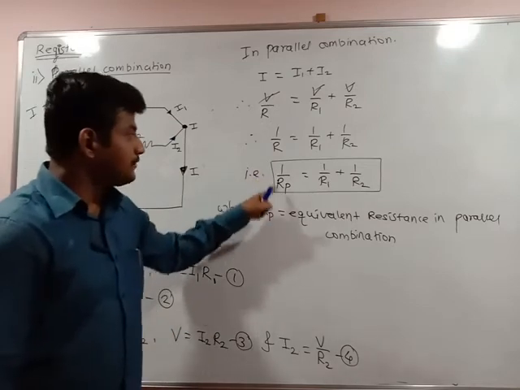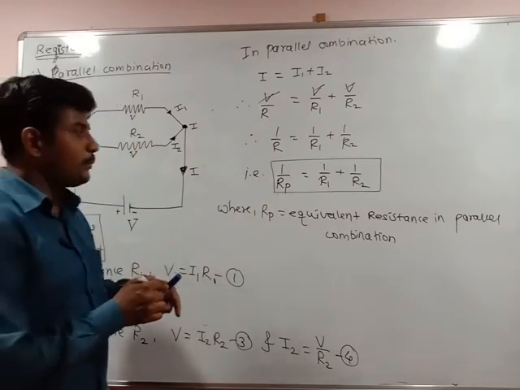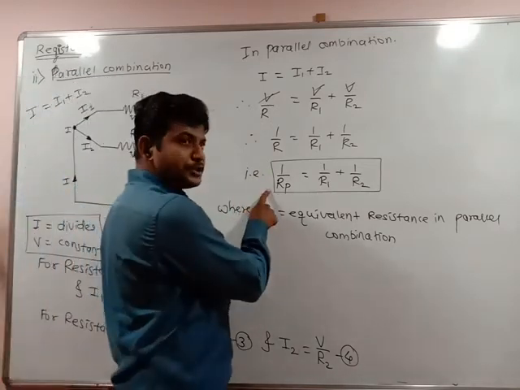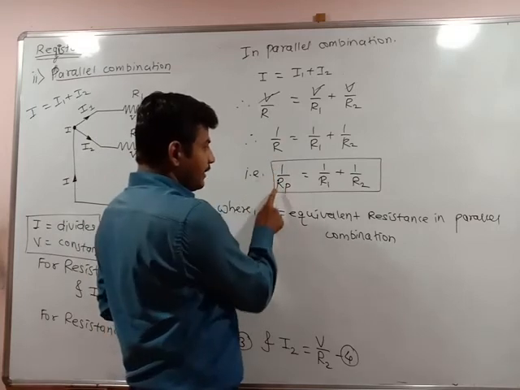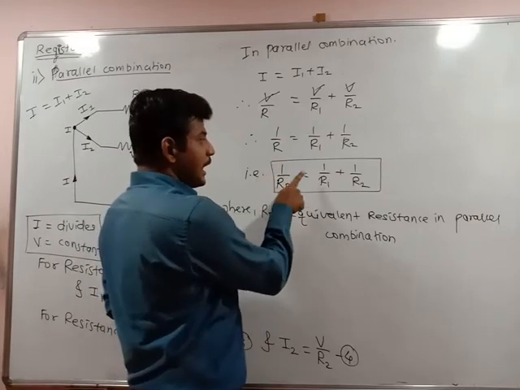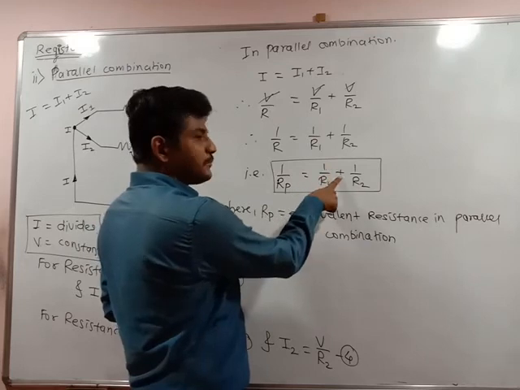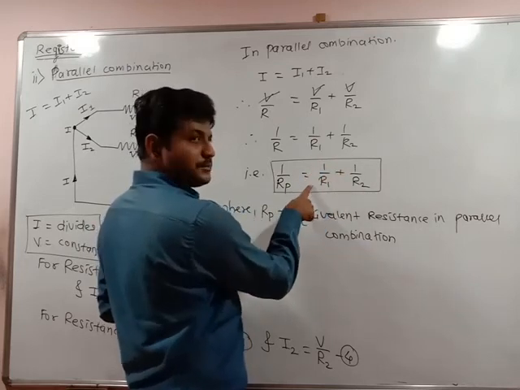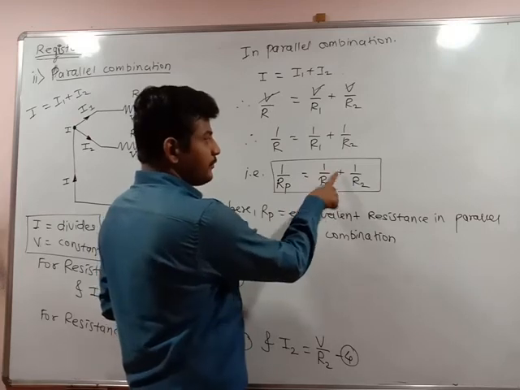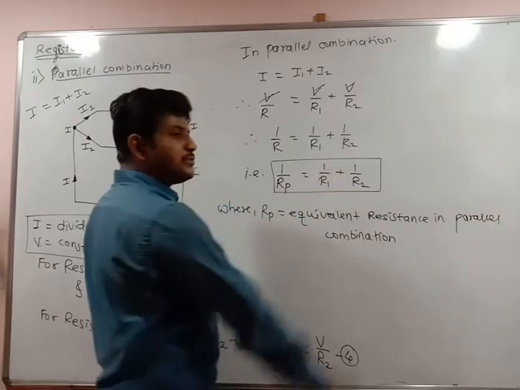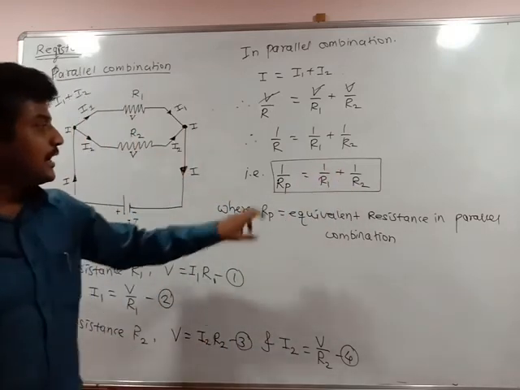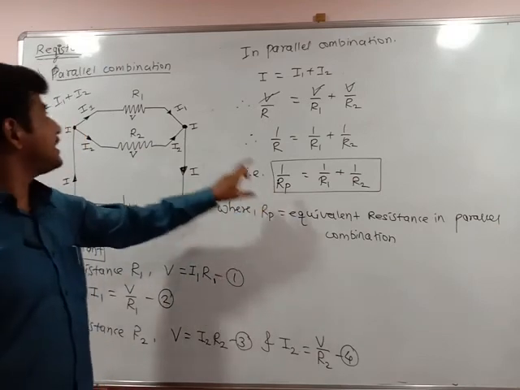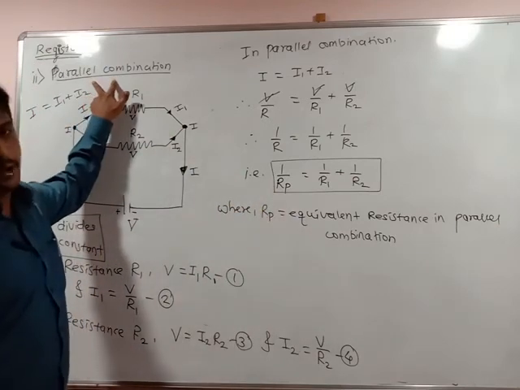So the reciprocal of equivalent resistance in parallel combination is always equal to the sum of reciprocals of individual resistances. So this is the effective or equivalent resistance in a parallel combination.